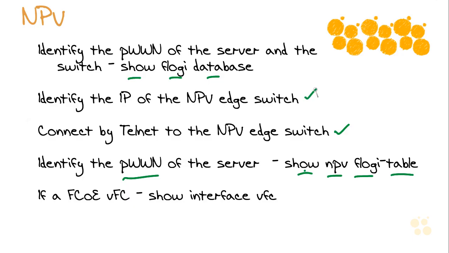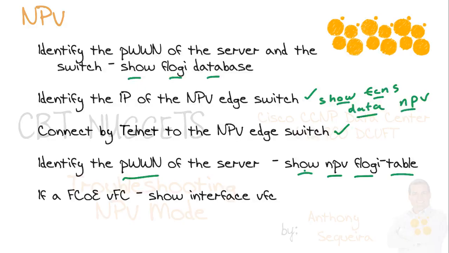And in step 2, again, that command was show FCNS database NPV. So there are your commands that would be involved in this location of the exact port to which our server's physically attached.